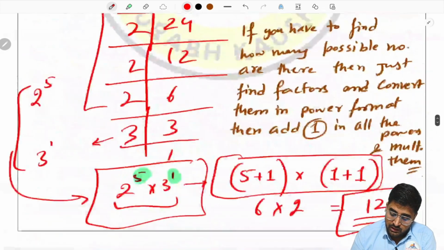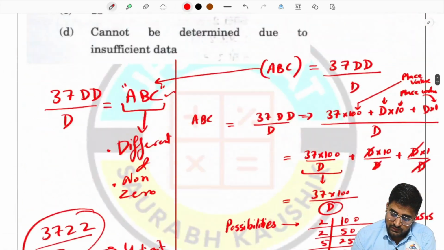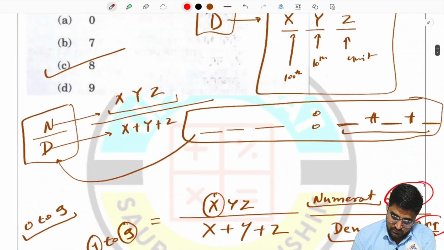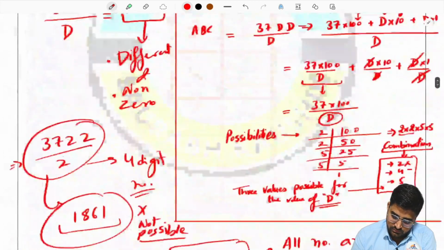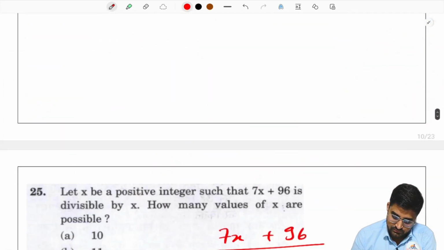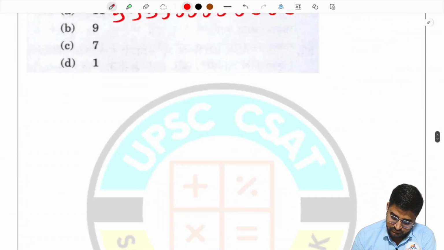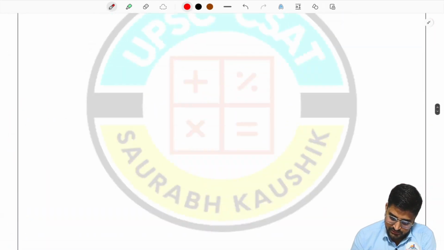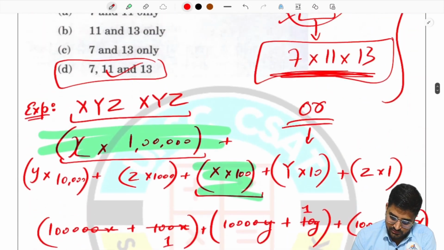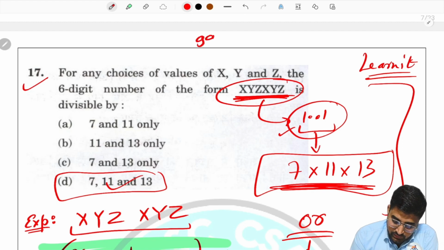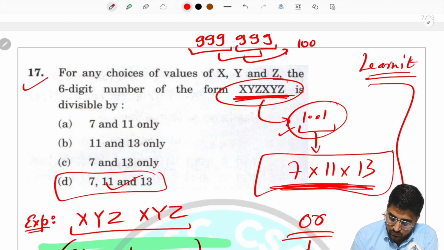So in the above question, we have witnessed that if a number is repeating itself, then it will be a multiple of 1001.